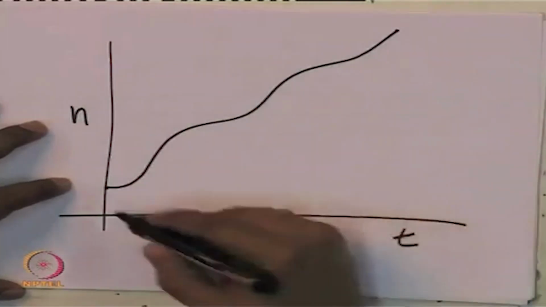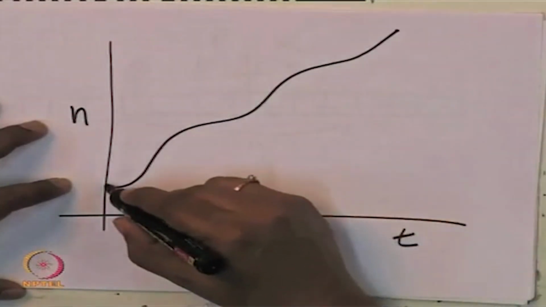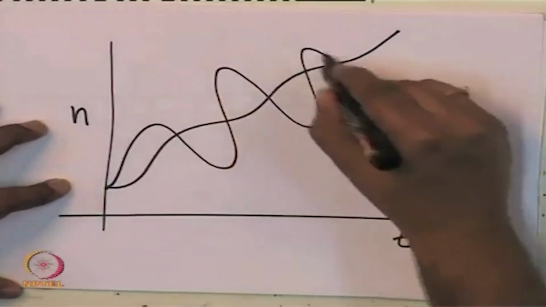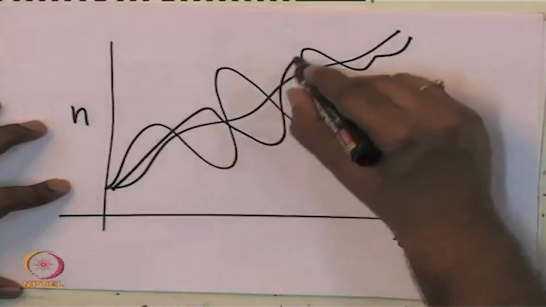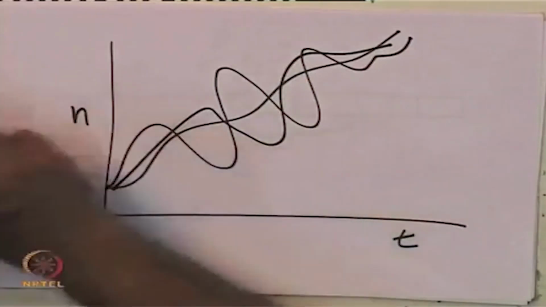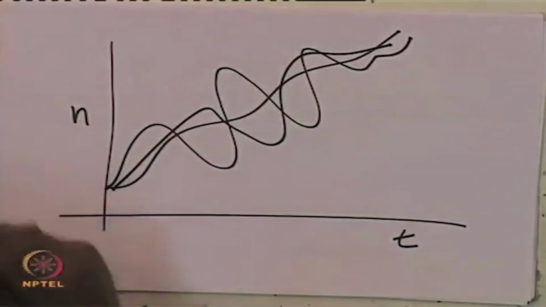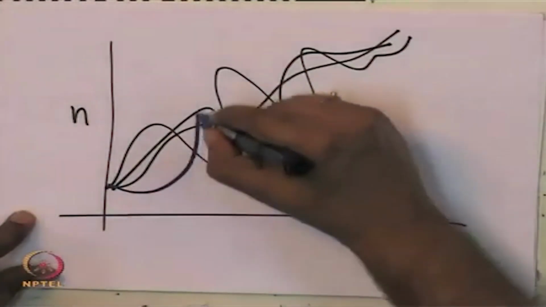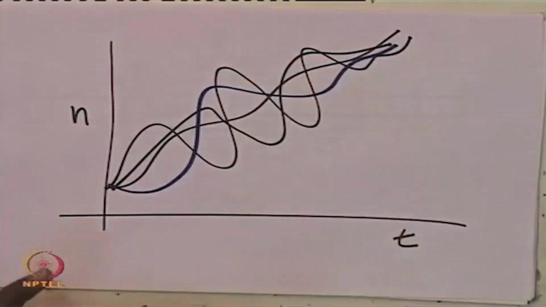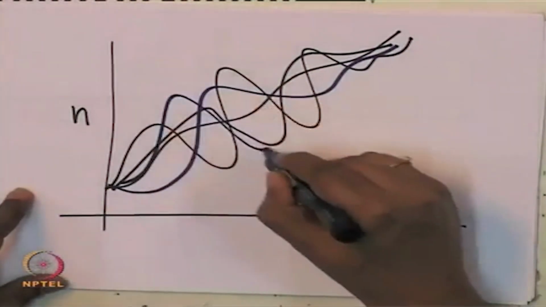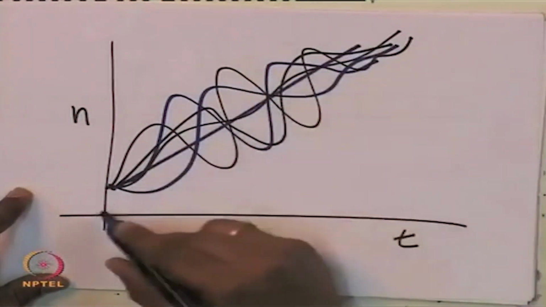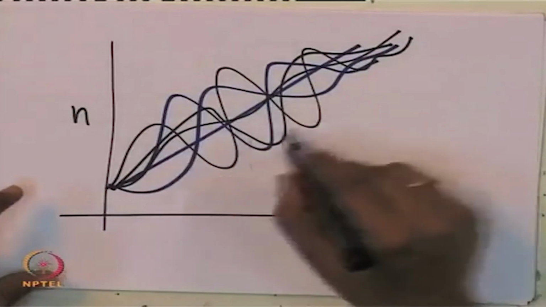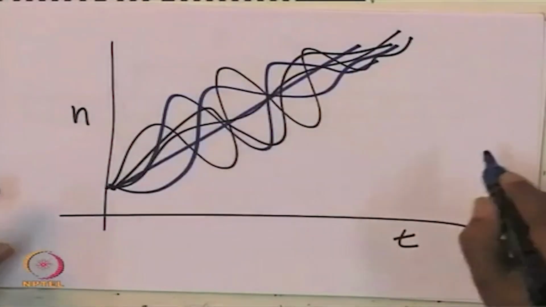In one experiment you might get this, in another experiment something like this, in a different experiment something like this, and in another like this. Even though on average you get this, each time you might get a different path.